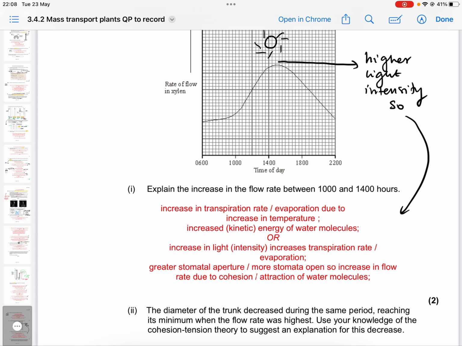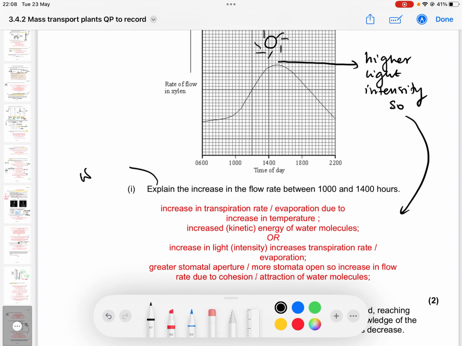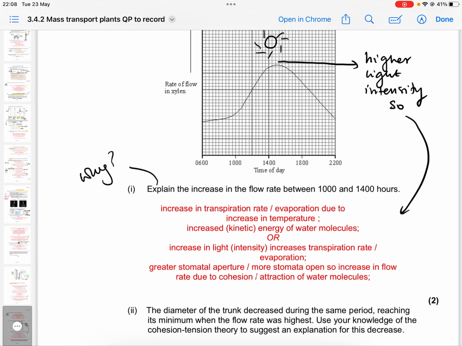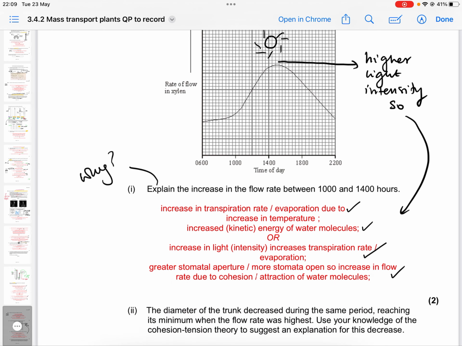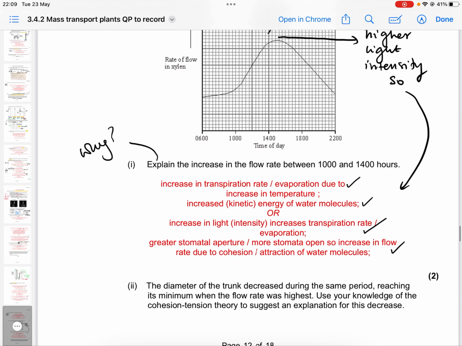This increase is explained. Remember, explain, we need to say why using our scientific knowledge. So we've got increase in the light intensity, which increases transpiration. So water will be lost because it gains more kinetic energy, as the stomata will also open more often. Remember, stomata open to get more carbon dioxide for photosynthesis, but as a negative side of this opening, it allows the water molecules to escape by transpiration.